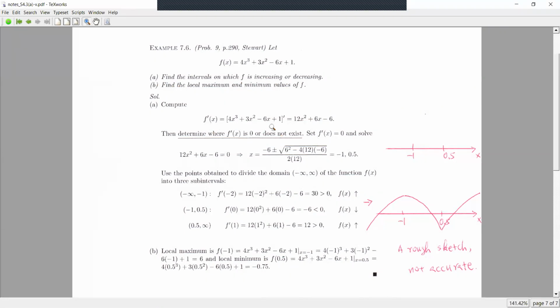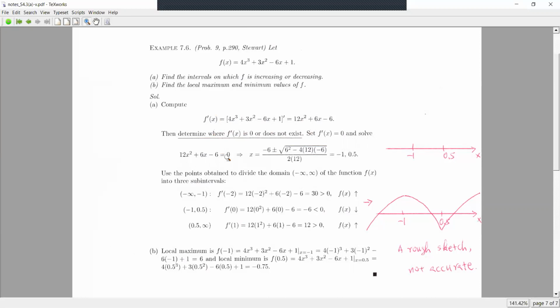Again, the derivative is a polynomial. It has no denominator. So no point can make this derivative not exist. To find the points where the derivative is 0, I set the derivative to 0 and solve this equation. Left-hand side is the derivative.